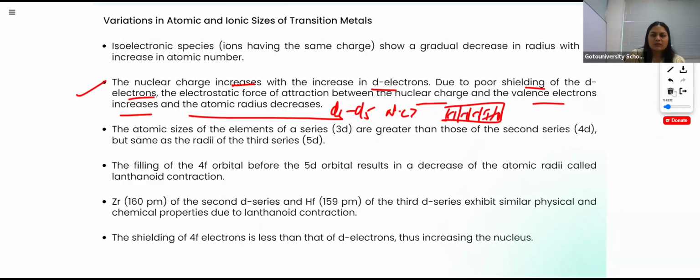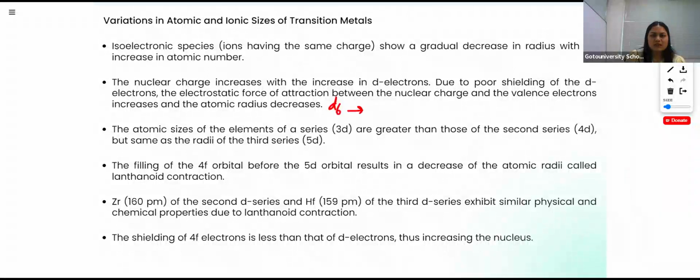But after d6 it will start pairing, and there will be crowding of electrons in the 3d orbital, which results in the decrease in atomic radius of transition elements.